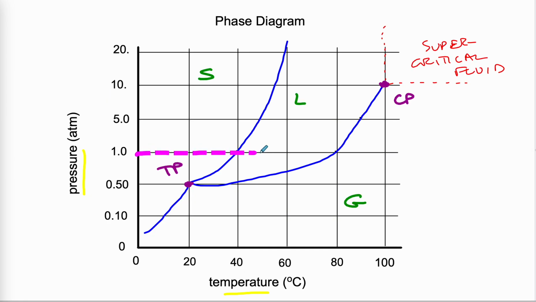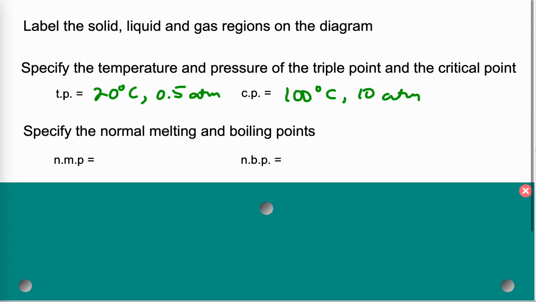So here is a line that represents 1 atmosphere, and the temperature at which the solid and liquid are in equilibrium, that is, where 1 atmosphere crosses the solid-liquid boundary, must be the normal melting point because solid and liquid are in equilibrium simultaneously. And correspondingly, the temperature at which the liquid and gas are in equilibrium, so the point where 1 atmosphere crosses the liquid-gas boundary line, must be the normal boiling point. So those would appear to be 40 degrees Celsius and 80 degrees Celsius.